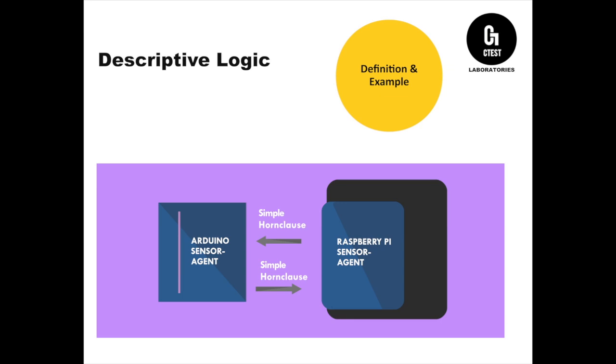But those are just very simple. Instead of just sending ASCII formatted text or comma separated values, CSV, between the Arduino and the Raspberry Pi, we're sending text, but that text has a little bit more formatting to it, and it's formatted as what's called a Horn clause, and that gives you a little more knowledge behind what's going on.